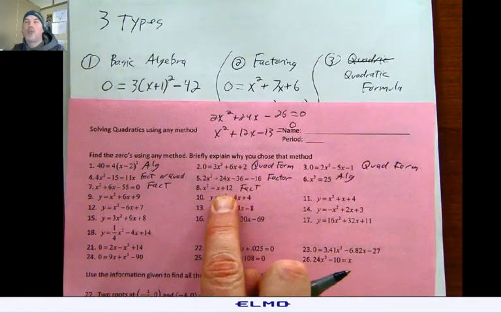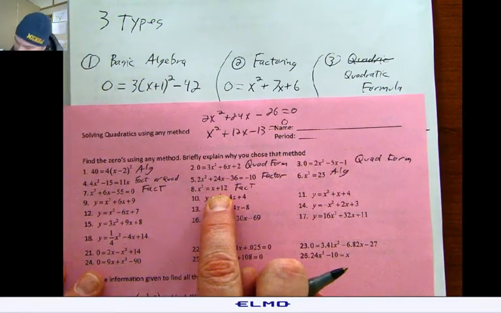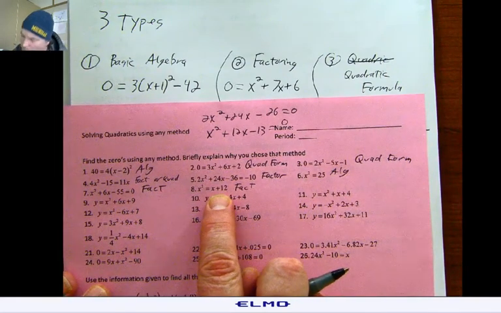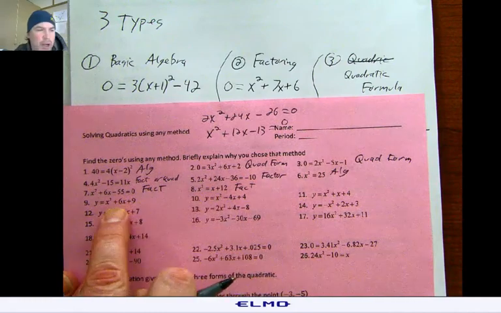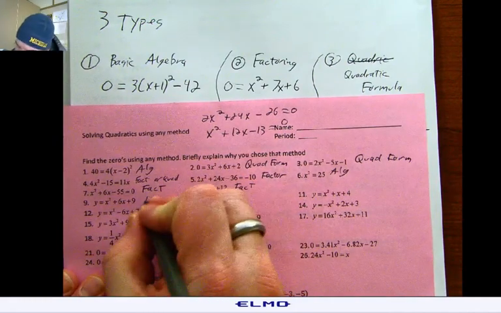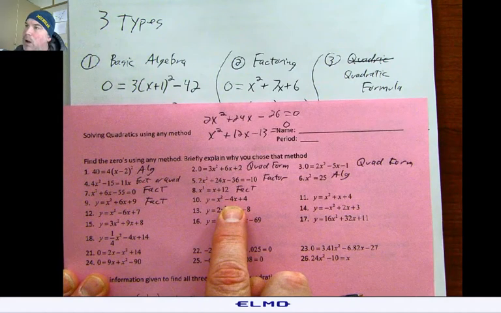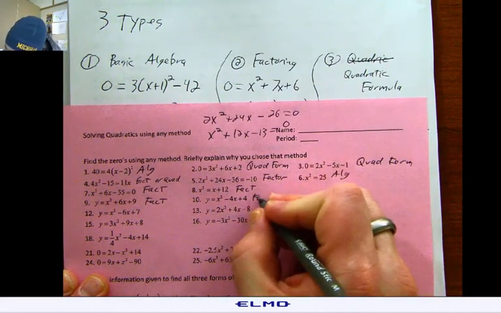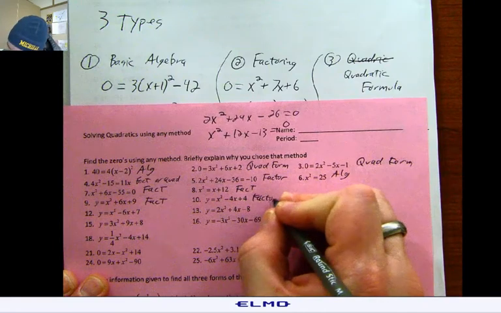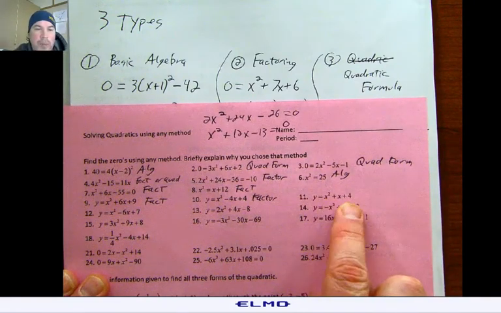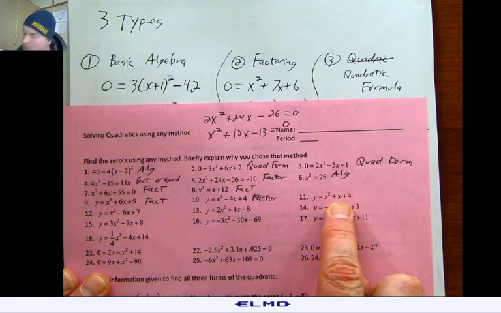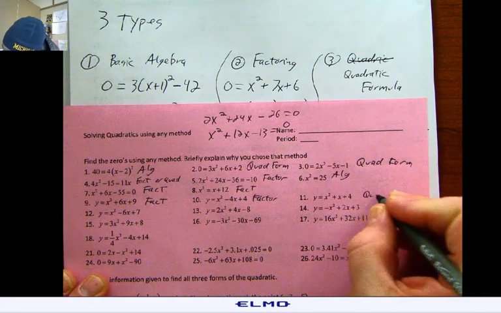Multiplies to -12, yet adds up to -1: -4 and positive 3. This one, that's a perfect square trinomial. Factoring. 10. X minus, this one's factoring. This one multiplies to 4, yet adds up to 1. That doesn't exist. I'd use the quadratic formula.